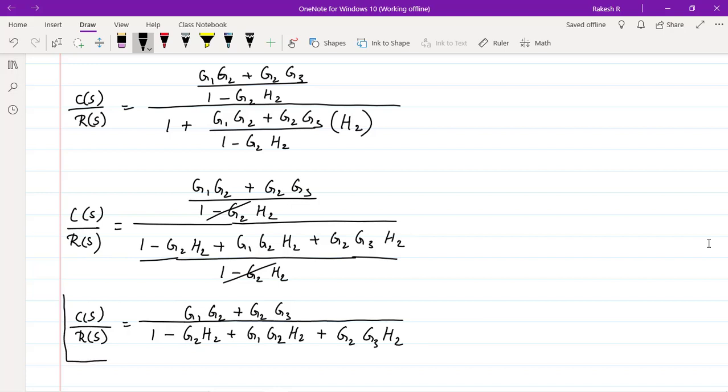This is the transfer function for the given block diagram here.